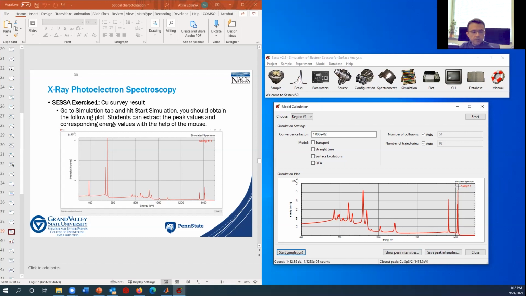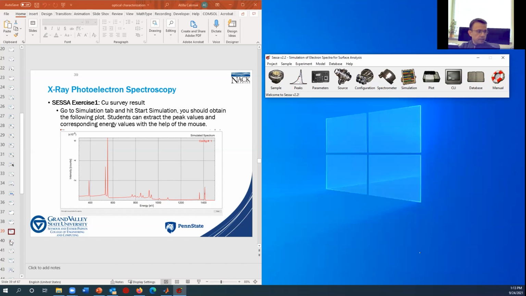You can see we have everything about the copper 3p and 3s, those peaks are occurring. These are the electrons that we're extracting from a certain orbital of the material. And this here is showing us the energy of the electron, the kinetic energy, like they call it, of the electron that just got freed up.